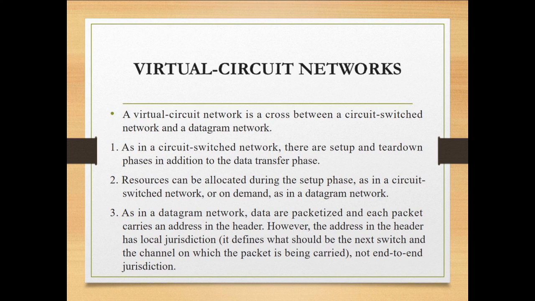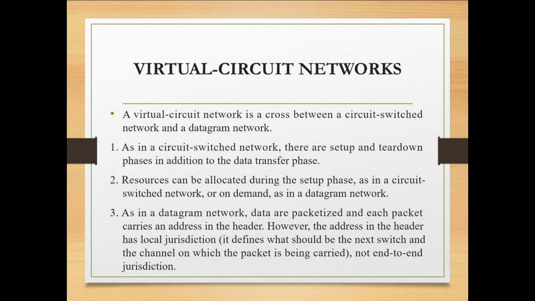Virtual circuit networks. A virtual circuit network is a cross between a circuit switch network and a datagram network. That means there will be a connection establishment phase as in the circuit switch network, as well as the data will be divided into packets as in the datagram network. As in a circuit switch network, there are setup and teardown phases in addition to the data transfer phase.